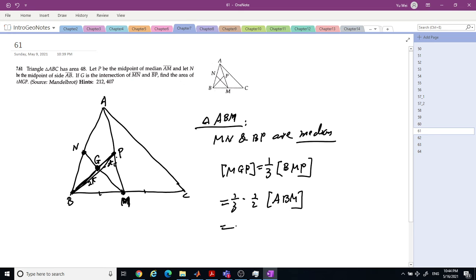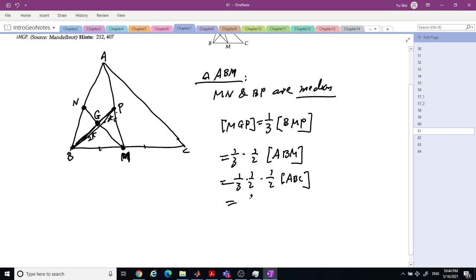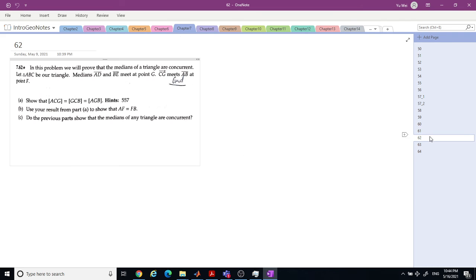And the area of ABM is half of the triangle ABC. So this one is 1/12 of the triangle ABC, 48 over 12 is 4. Next.